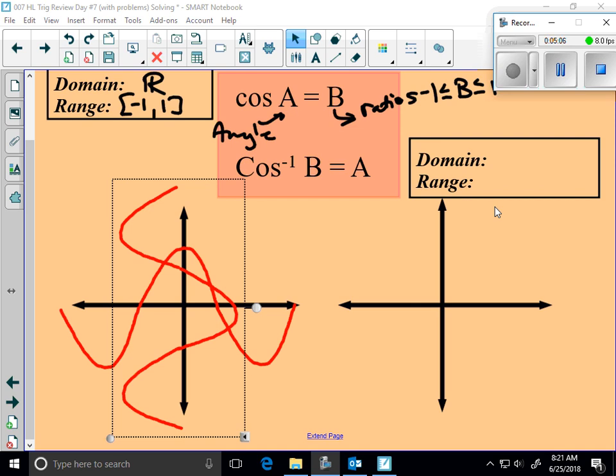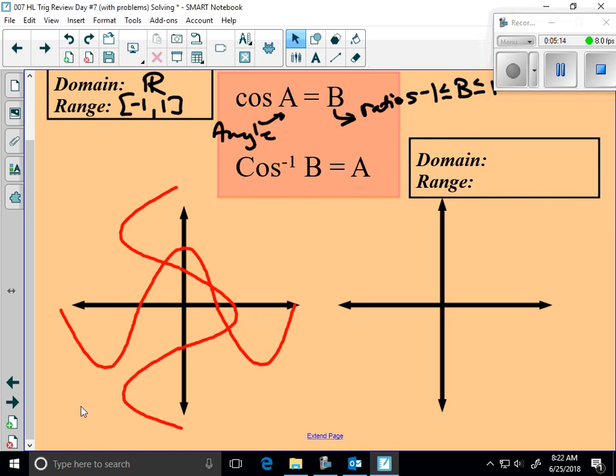Okay, so I shouldn't have reflected it. I did this off camera, but here you can see that this would be a nice inverse function, as we saw in the last one. It is a perfect reflection over the line y equals x, right? So you can see that.